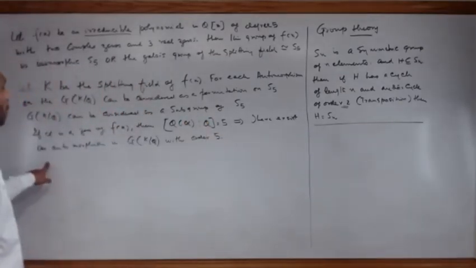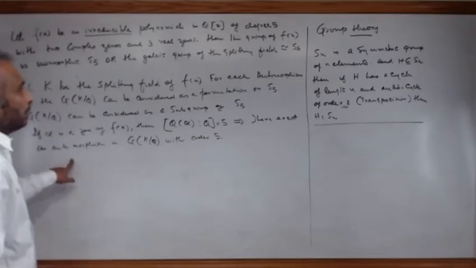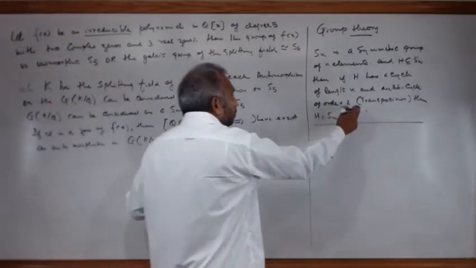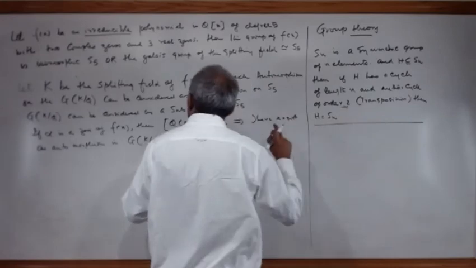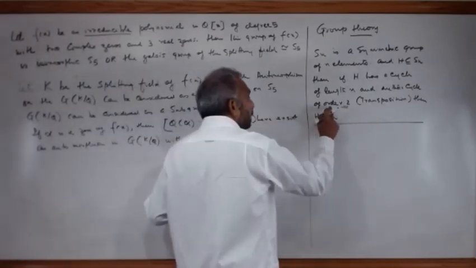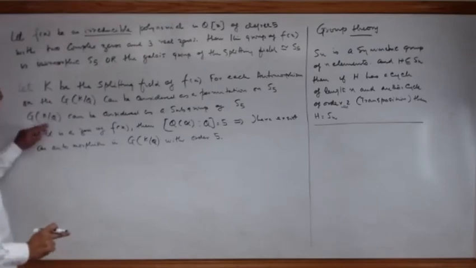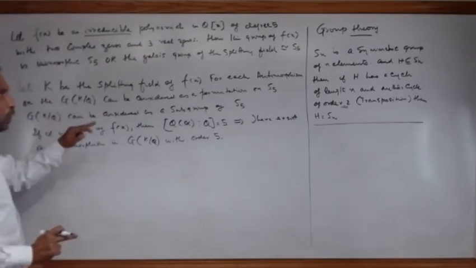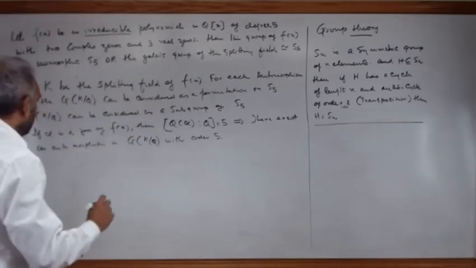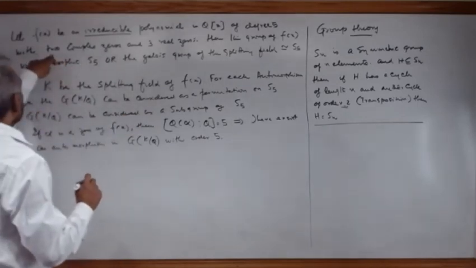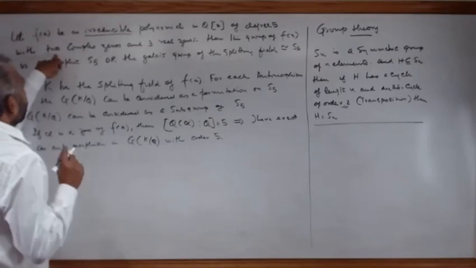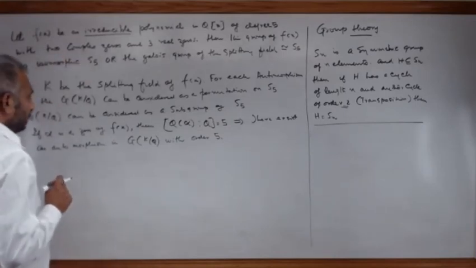Now all we need to do is find out if there is a transposition in here, meaning there is an element in the Galois group of K over Q with order 2. So it's assumed that 2 of the zeros are complex numbers.